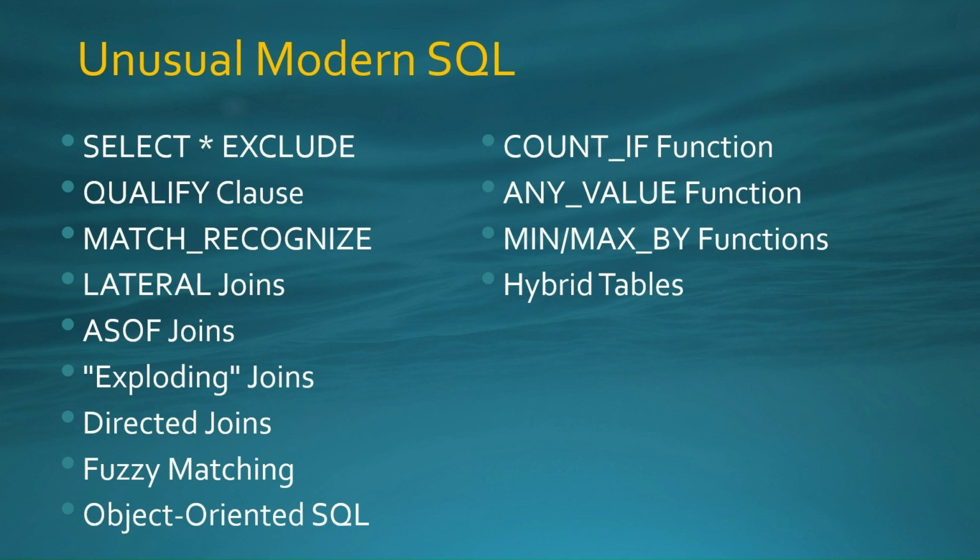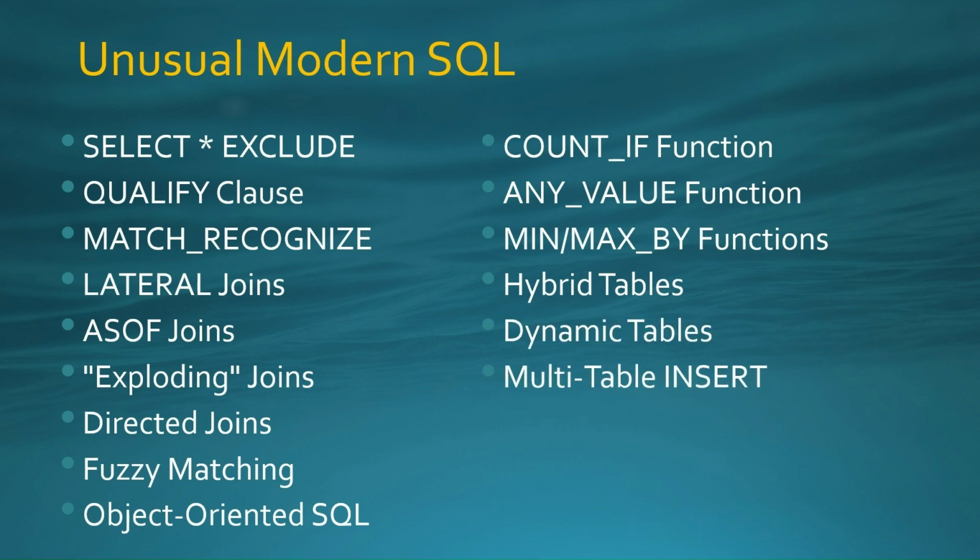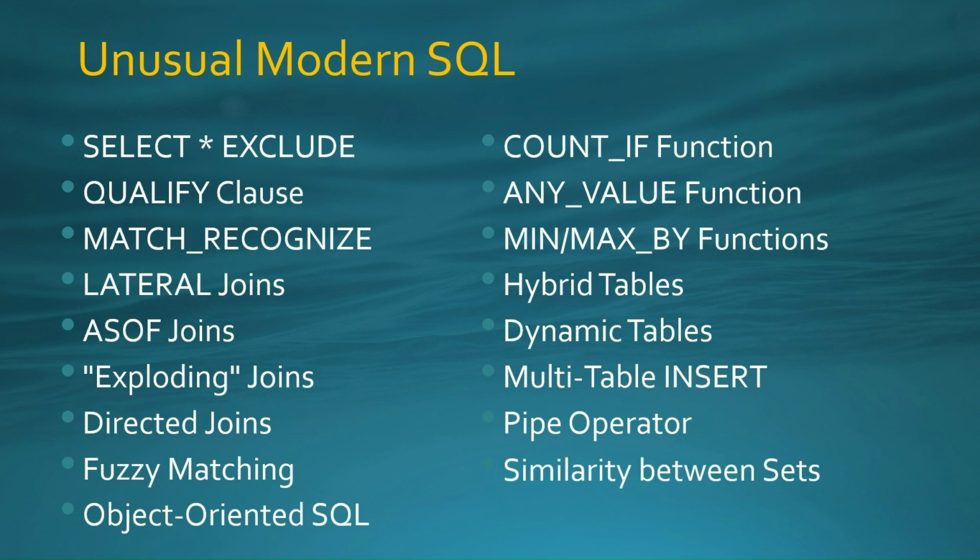Hybrid tables, supporting both workloads from OLTP and OLAP. Dynamic tables, to solve in the best possible way the problem of CDC. Multi-table insert, that's an extension for insert that can add in one single statement the data into multiple tables. The pipe operator, just like in Unix, you can chain different operations, in this case queries, one after the other.